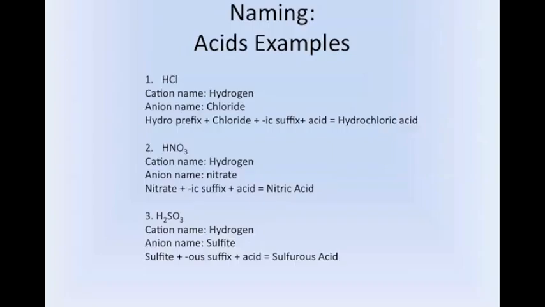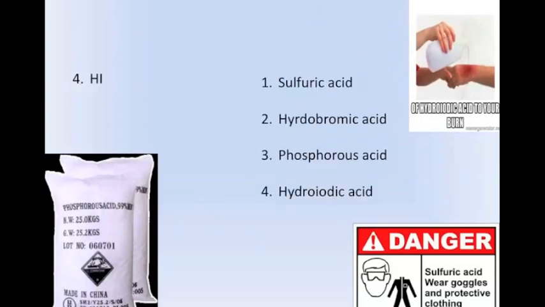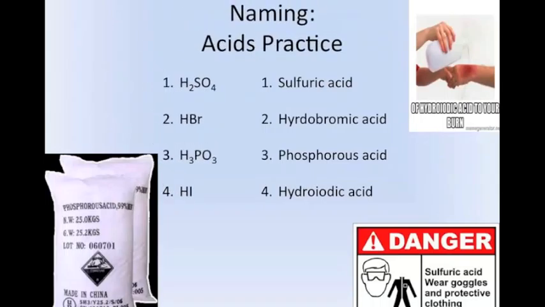We notice that sulfite has an ite ending on it, resulting in an ous suffix in sulfurous acid. Once again, you should pause the video and practice your naming of acids.